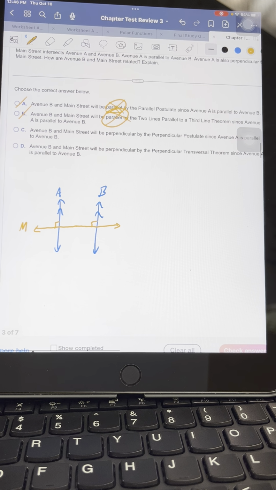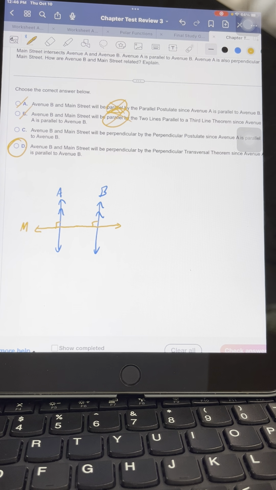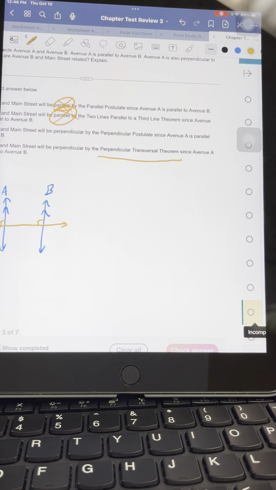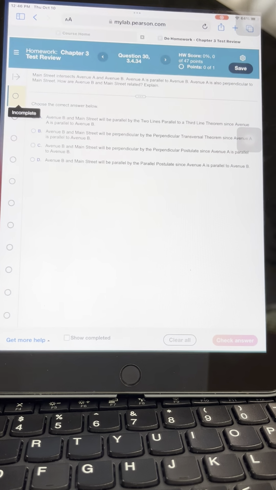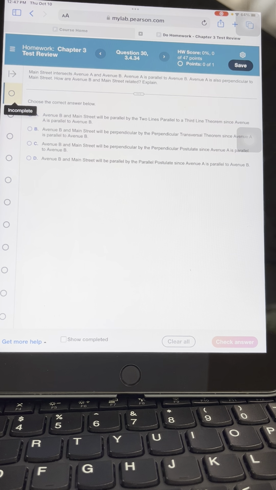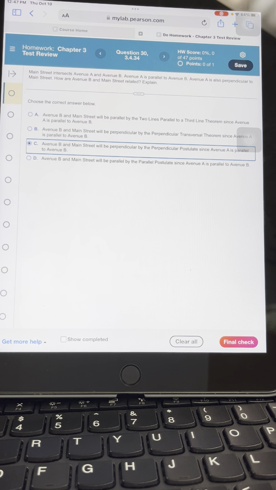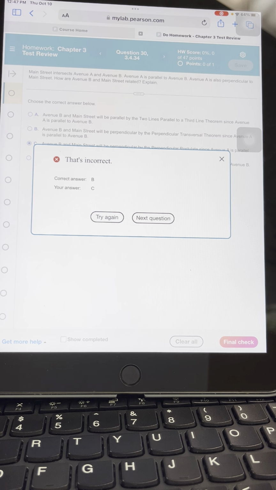So it's going to be D, because Avenue B and Main Street will be perpendicular by the perpendicular transversal theorem, not postulate. So that means it should be D. What? Oh, I'm so dumb.